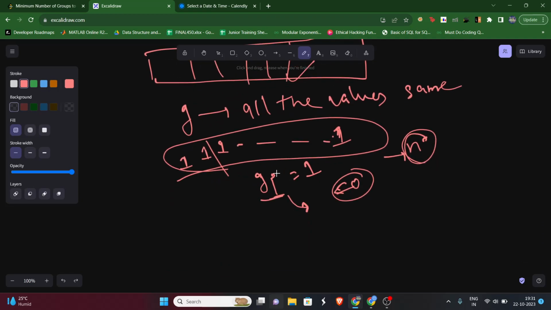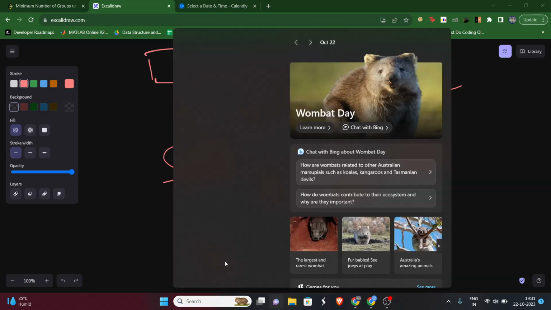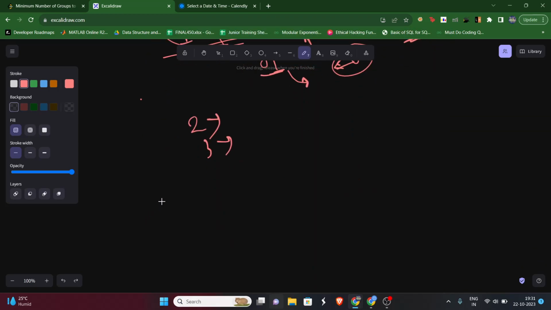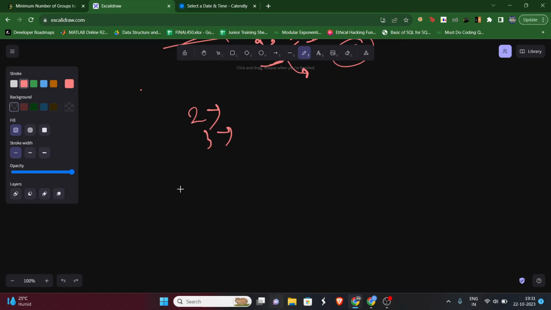So we have this one solution, that if we take the size as 1, we'll have n groups. Now, what if we take size 2? What if we take size 3, or size 4? What I'm trying to say here is, let's say we have 10 five times.